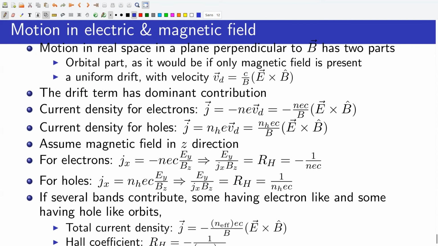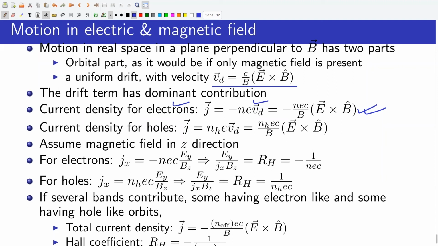Now, let us consider current density for electrons. J equal to minus ne times the drift velocity. The drift velocity is given by this equation, such that the current density can be written in this form.